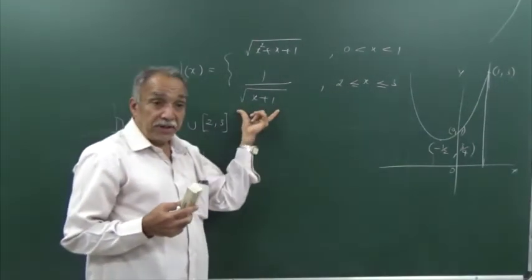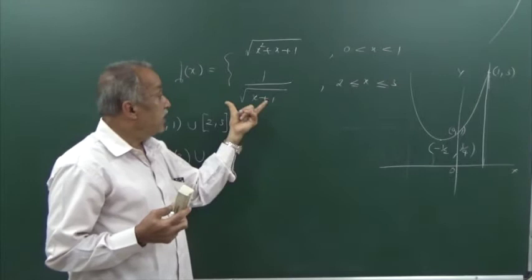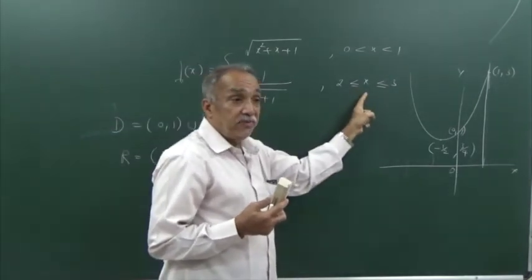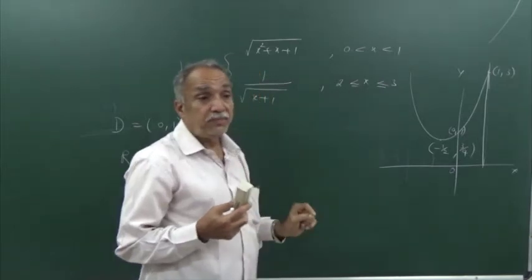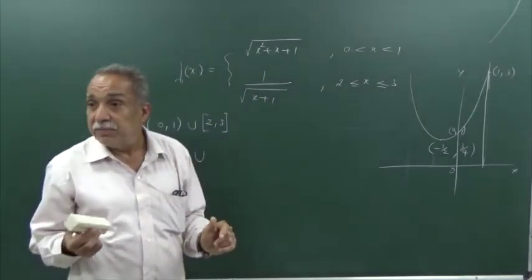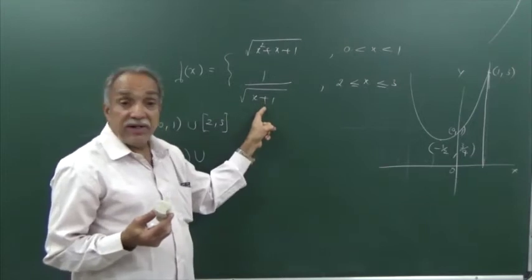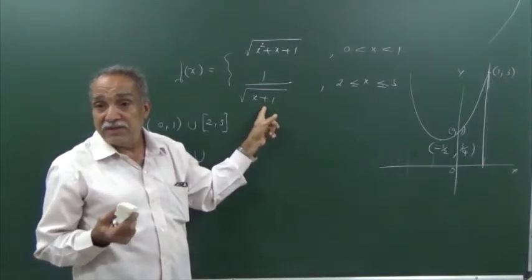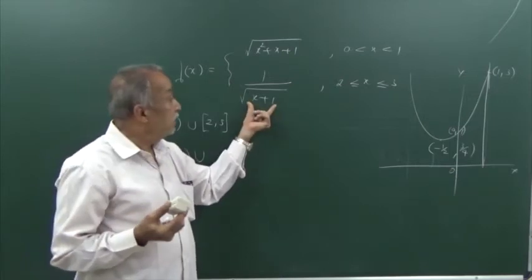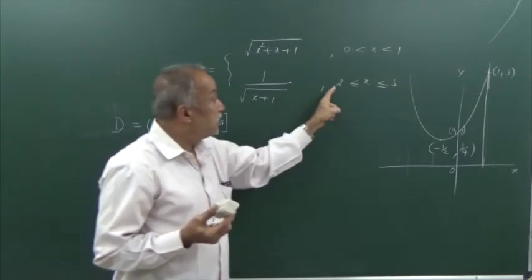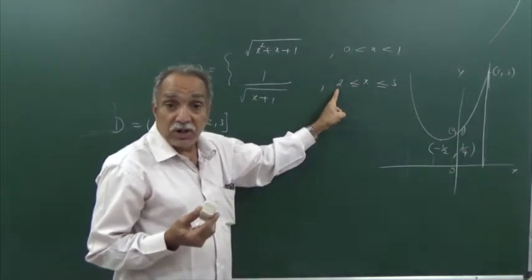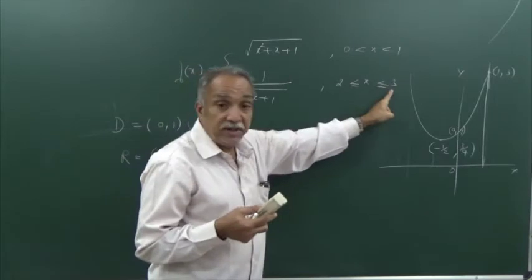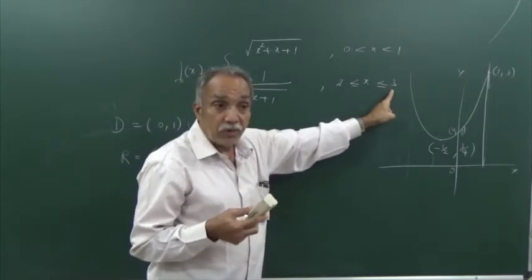Coming to this part. What values are attained by 1 by root of x plus 1 as x varies from 2 to 3? Yes, it is very simple now. The expression we are having under the radical sign is not quadratic, simple linear. And this linear function x plus 1 starts at the value 3 at the point x equal to 2, and ends at 4.